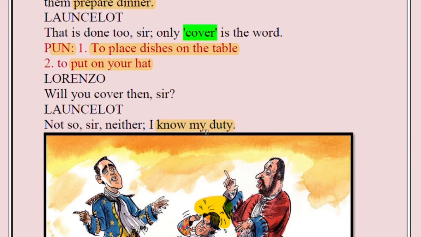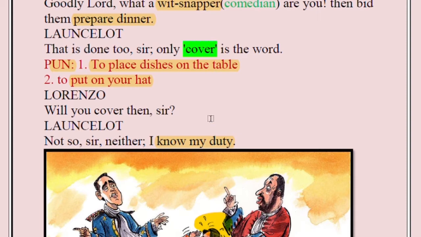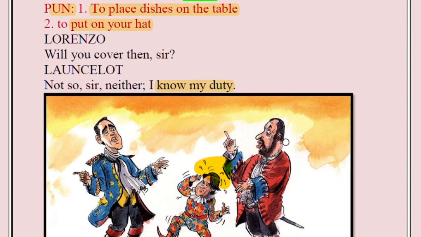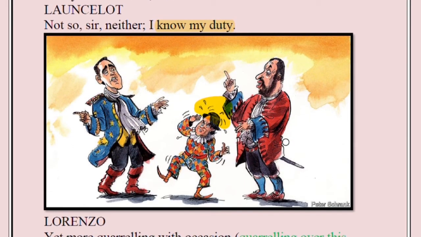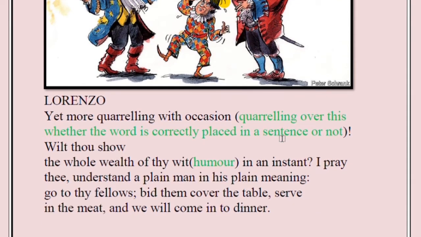I am not going to cover my head. Launcelot understands that Lorenzo means the first meaning, to place the dishes on the table. But just to make fun, just to be a better comedian, he says that I know my duty. I'm not going to put on my hat in front of you.